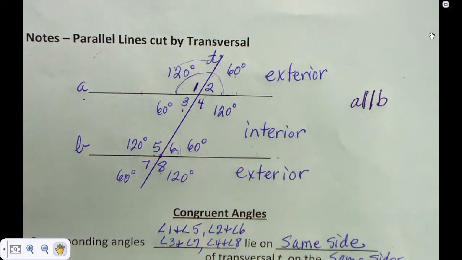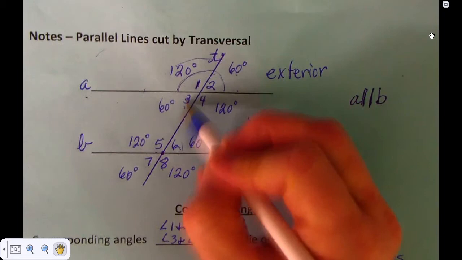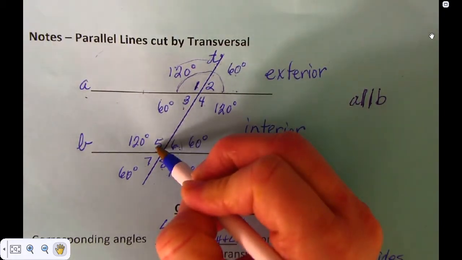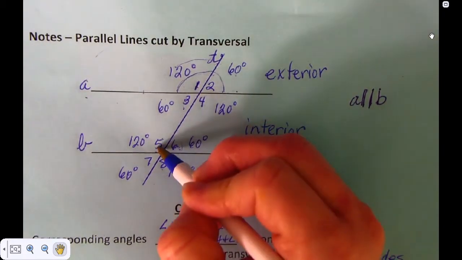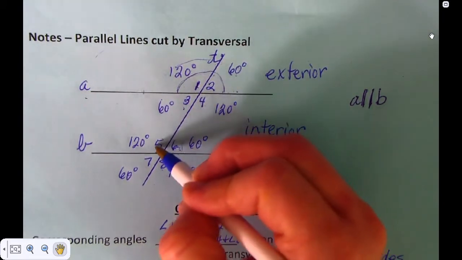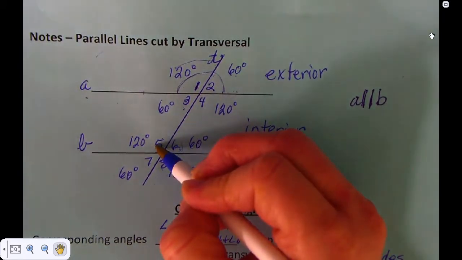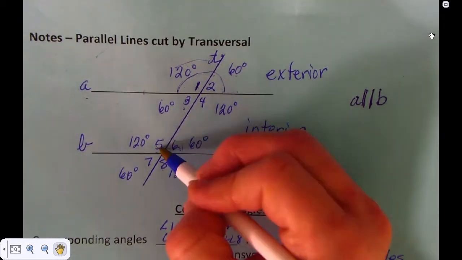Okay, now those are the easy supplementary angles. They said, oh, they got that. Well, now we need to learn that 3 and 5 are supplementary. Look, 60 plus 120. These are called same side of what?